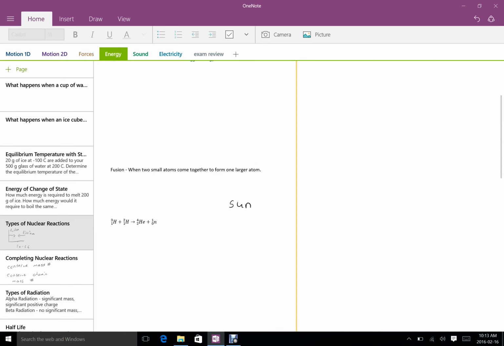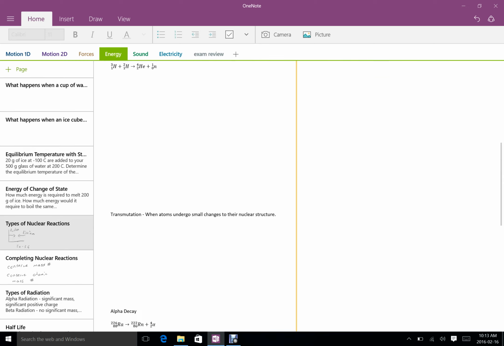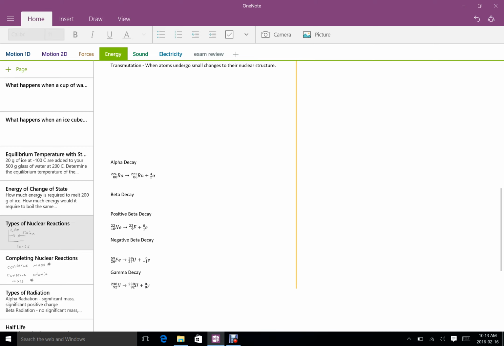Those are the 2 big ones, but there is a third type of reaction which happens, which is subtler, and that's a transmutation reaction. This isn't a massive change to the nuclei of an atom, but instead it's small stepwise changes that occur to allow atoms to take on slightly more stable states.